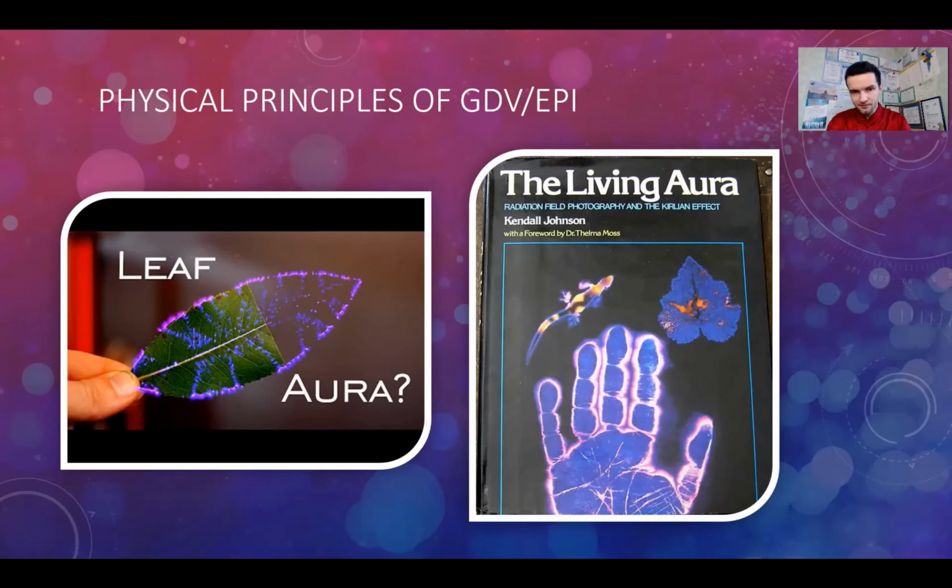And just because of this lack of knowledge, and because not many people really understand quantum physics well enough to understand what's going on in the Kirlian effect, they prefer to think that this is some kind of esoteric stuff being measured by GDV. It's not true. And I will try my best to explain the physics of this technology in layman's terms, in a pretty simple way.